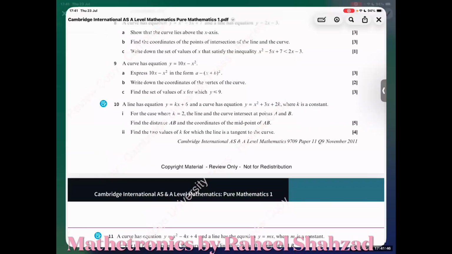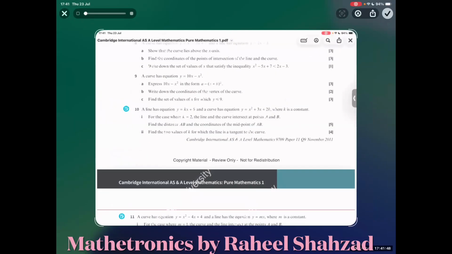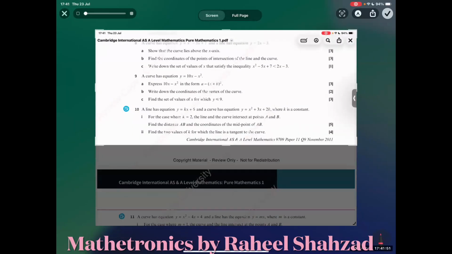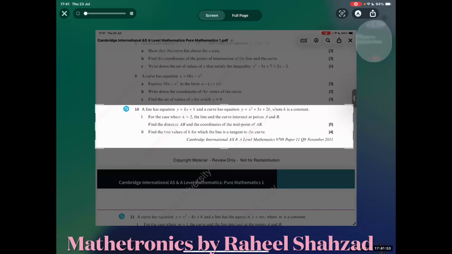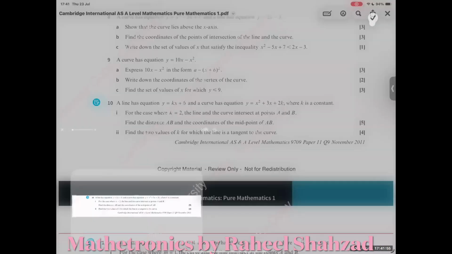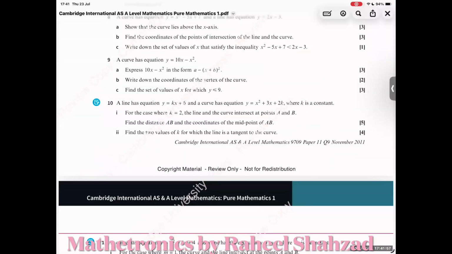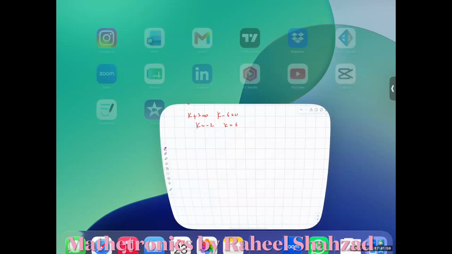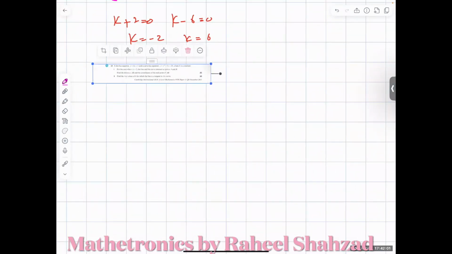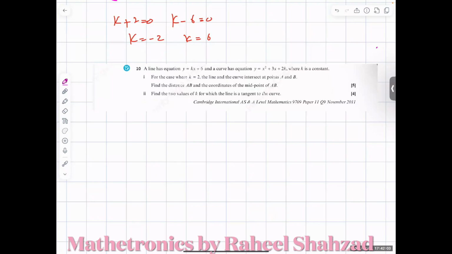So for question number 10, here it is. Part A is easy. They have already given k is 2 and the line and the curve intersect at points A and B, find the distance AB.